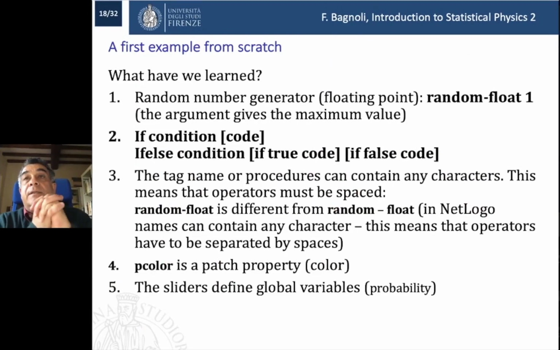Okay, so we can summarize what we have learned. That we have learned about random number generators, conditional expressions, that the names can contain any character. The color is a patch property, and sliders define global variables.